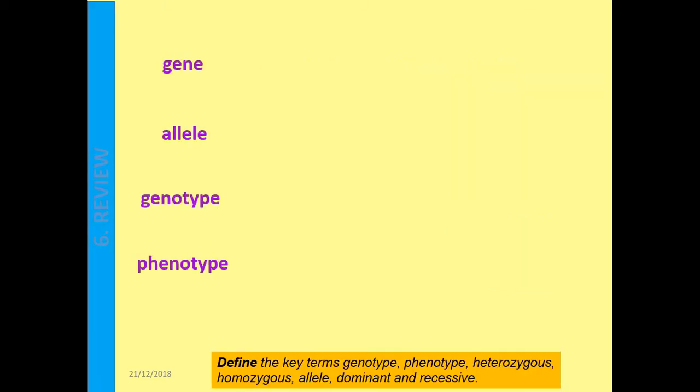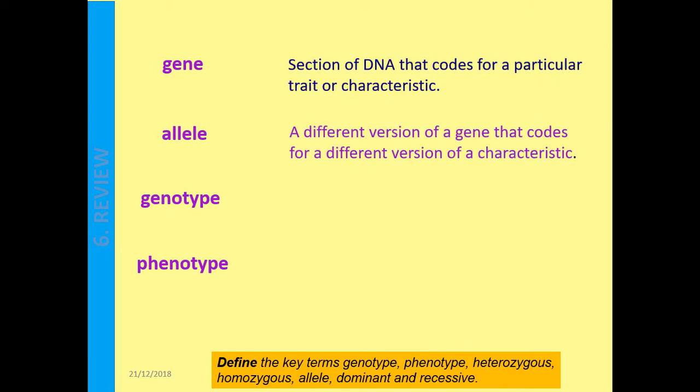So let's look at those 8 key words. Gene is the section of DNA that codes for a particular trait. Sometimes they use the word characteristic or feature, but I tend to use the word trait. The allele is the version of the gene that creates a different version of the trait. Okay, so that was the yellow petals, whereas the gene is just for petal colour.